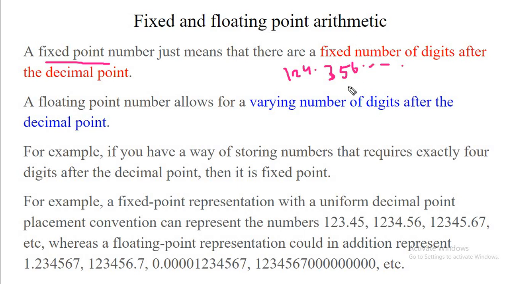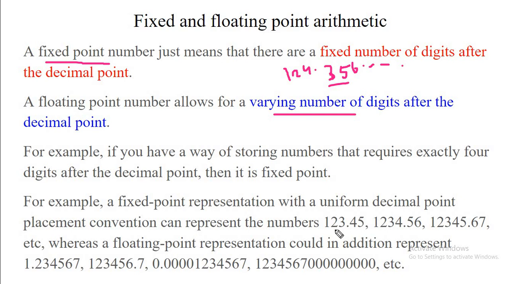And if you are not fixing this, so you are considering a varying number of digits for different operations or different calculations, you are taking a different number of digits. Then this will become floating point. So, in one case you have fixed the number of digits after the decimal, in one case you have not fixed.